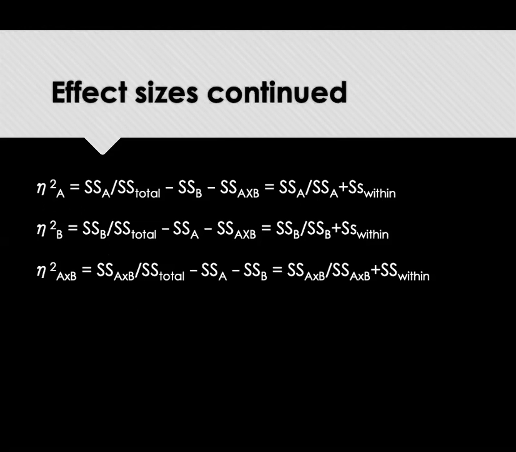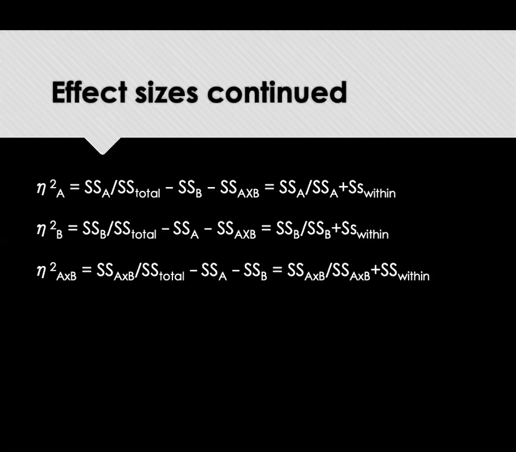So eta squared, or effect size for the A factor, is going to be sum of squares A divided by sum of squares total minus sum of squares B and sum of squares for the interaction, right? Because again, we're interested in the effect size for just the A piece.